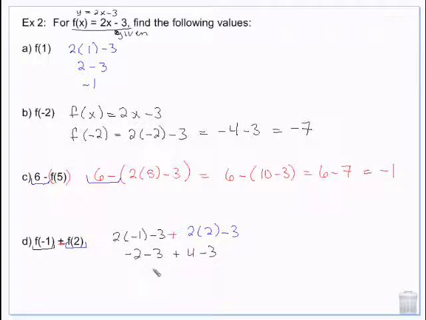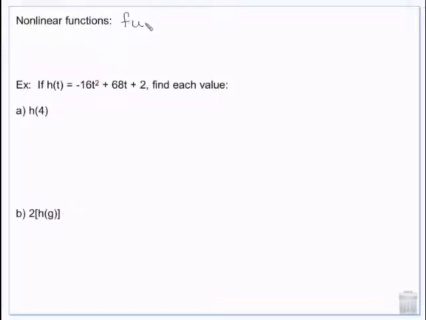And I can break this up however I want to. Like I can do negative 2 minus 3 and then add 4 and then subtract 3, or I can put these two together and these two together and then add them, however you want to at that point. I'm just going to do that because it seems easiest. And then negative 5 plus 1 is negative 4. This is a function that is not a straight line.